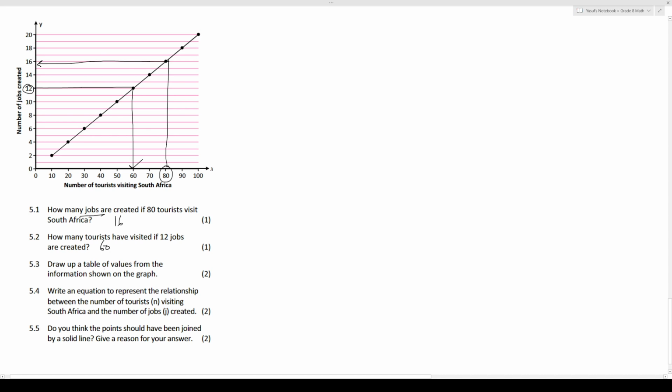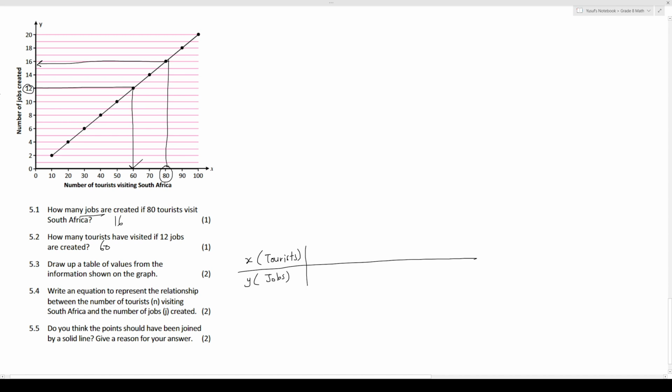Draw up a table of values from the information shown on the graph. So if you want to draw a table, we will put down the x values, or in this case, the tourists, and below that we'll have the y values, which are the jobs.